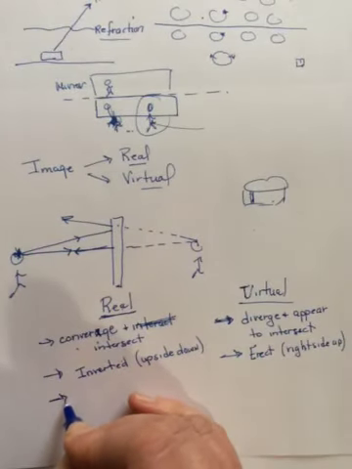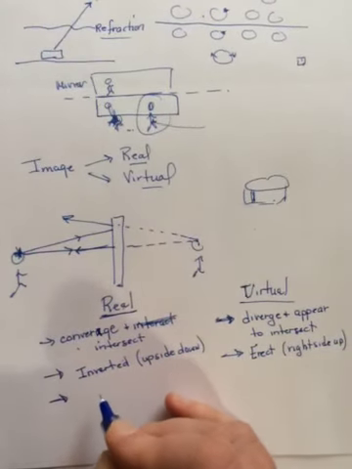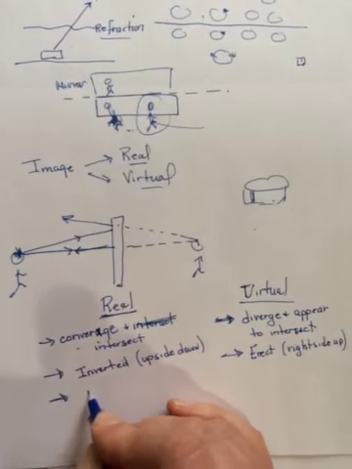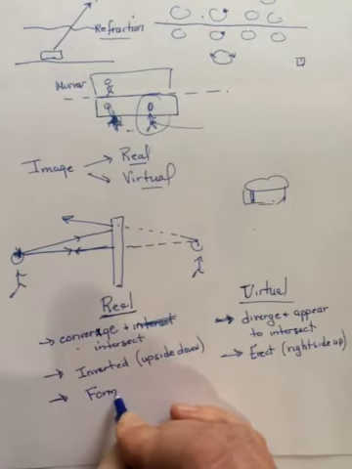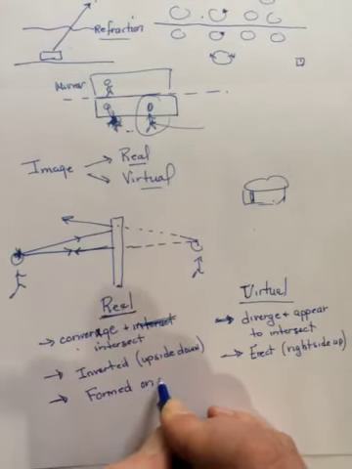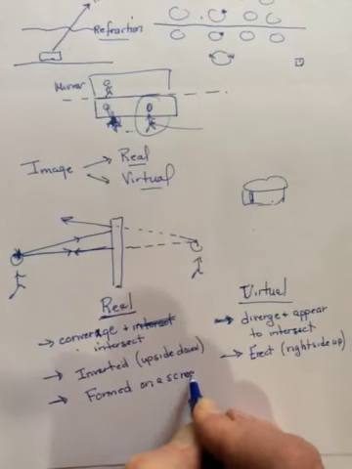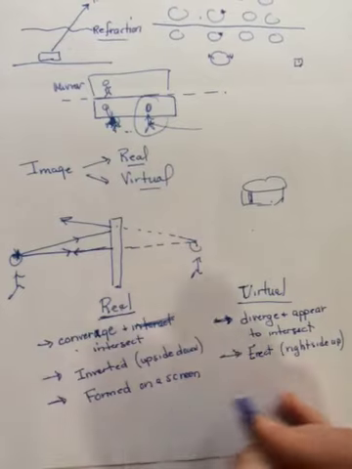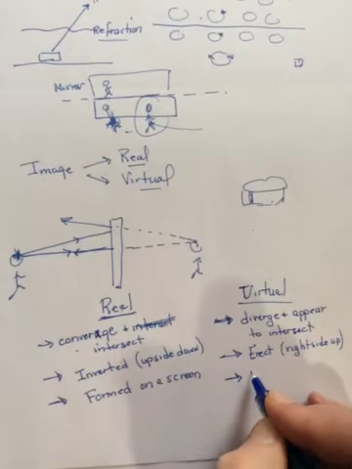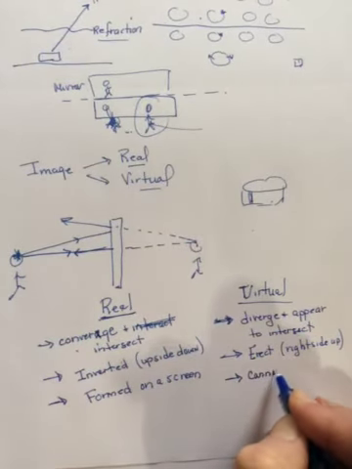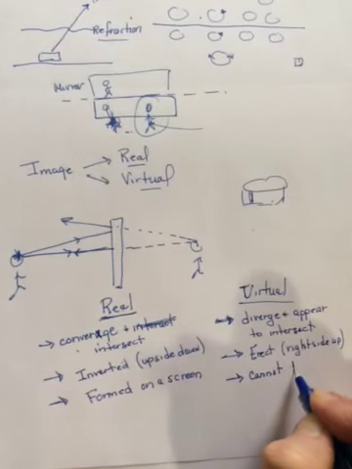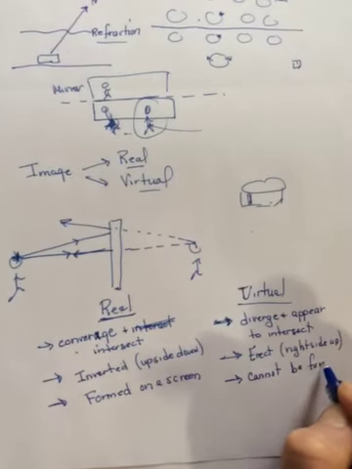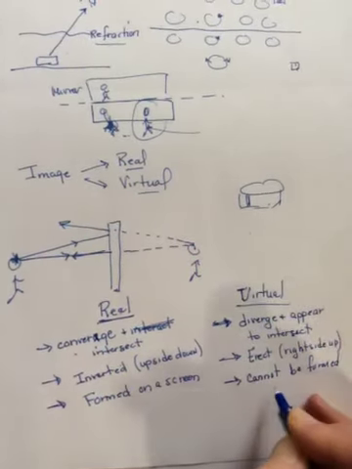The other really easy way to tell if it's real or virtual is this: if you can put a screen in the spot where the image is and the image will form there, then it's real. If it cannot be formed on a screen, it's virtual. I just gave you a few examples.